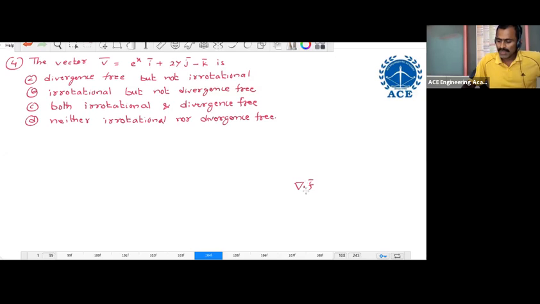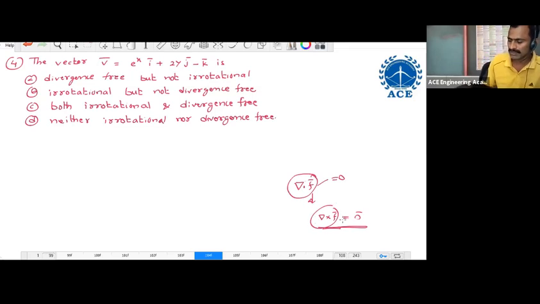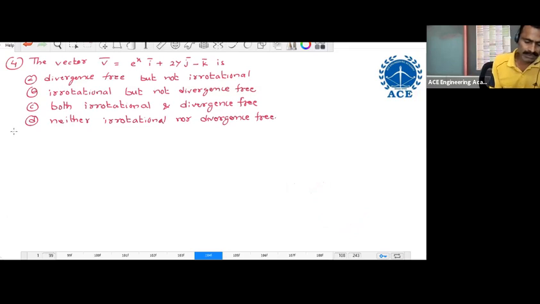Del dot f bar is the divergence. If this is equal to 0, then the vector is divergence free. To check whether the function is irrotational or not, we have to find del cross f bar. If del cross f bar equals 0 bar, then the function is irrotational, that is, no rotation. So to check whether the given vector function is irrotational or divergence free, we have to calculate divergence and curl. Now, we consider our usual notation for a vector as f bar.